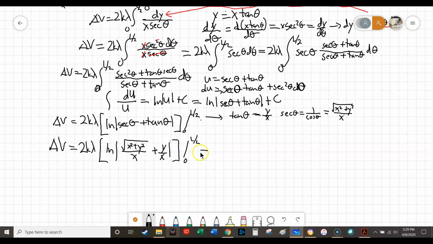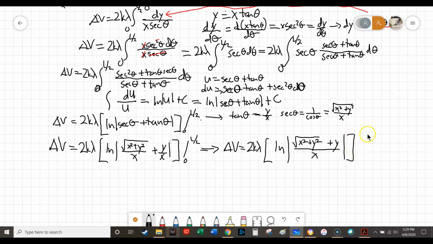So what that becomes is delta V equals 2k lambda, multiply that by the natural log, and this is a common variable of x, so that's going to be the natural log of the square root of x squared plus y squared plus y all over x, from 0 to L over 2.